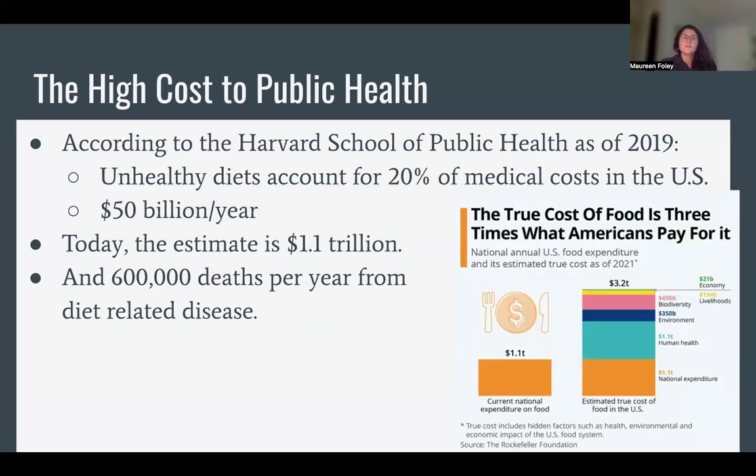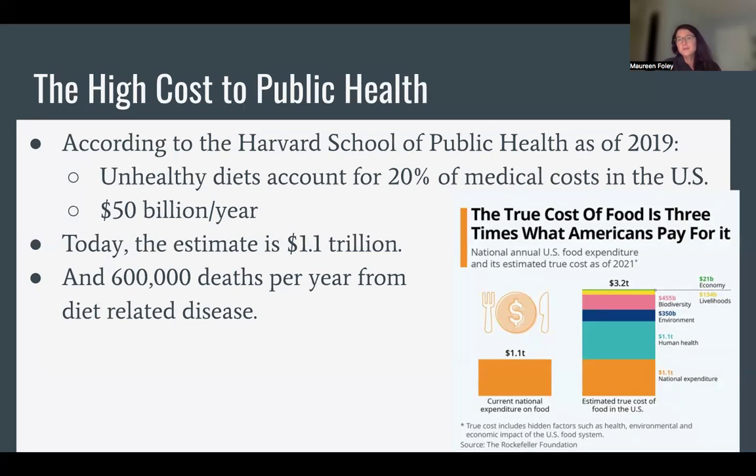So first of all, let's talk about the cost of our industrialized food system to public health. So in 2019, the Harvard School of Public Health did this study, and they found that 20% of the medical costs in the United States were related to unhealthy diets.